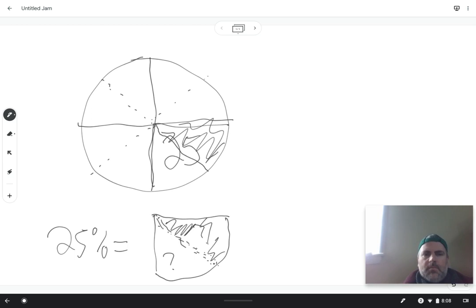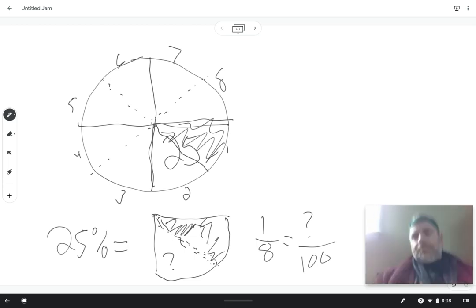How many parts is that half of 25% represent? Well, 1, 2, 3, 4, 5, 6, 7. There's 8 of them. So 1 out of 8 is equal to what percent out of 100? That's tough, right? We're not going to get a whole number dividing 100 by 8. But what is 25 divided by 2?